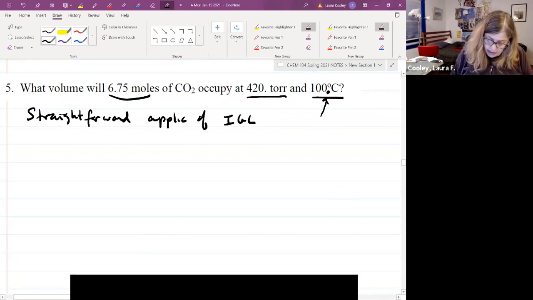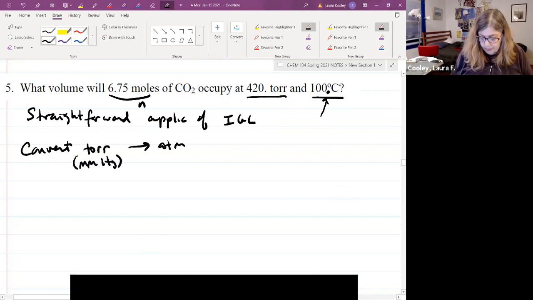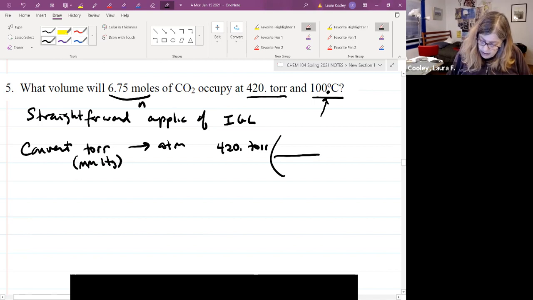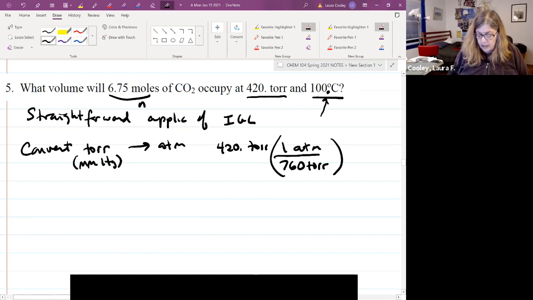This is the moles, so this is n. This is going to be the pressure, but I have to convert. You have to convert torr, which is the same as millimeters of mercury, into atmospheres. Okay, and I'll tell you the conversion factor. It's 760 torr is 1 atmosphere, and this does not affect the sig figs.